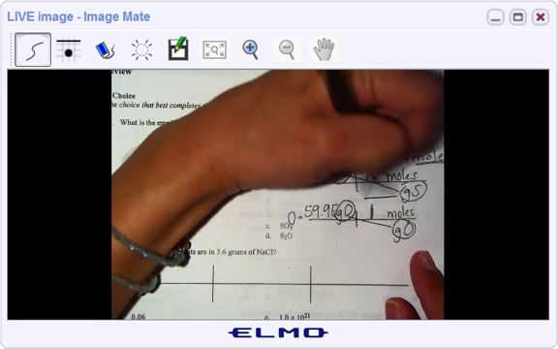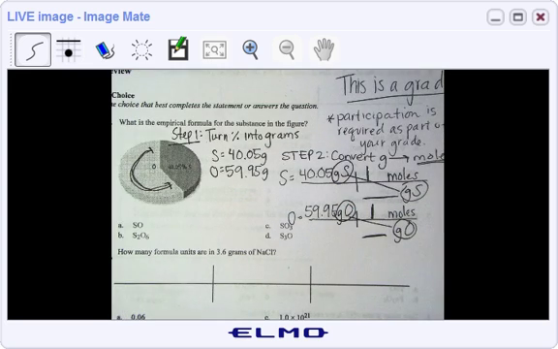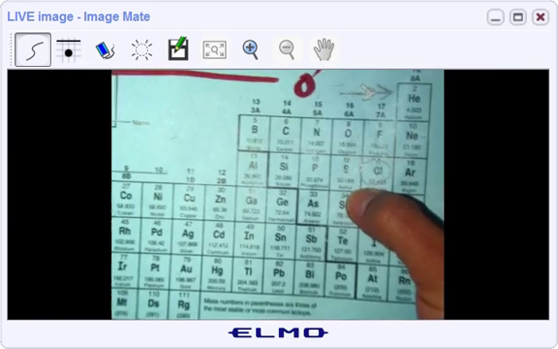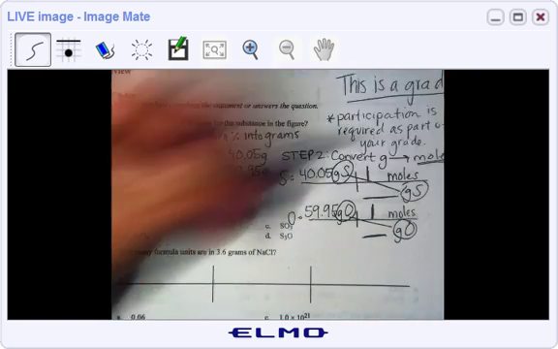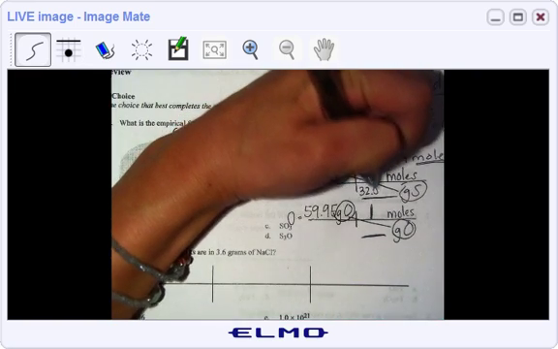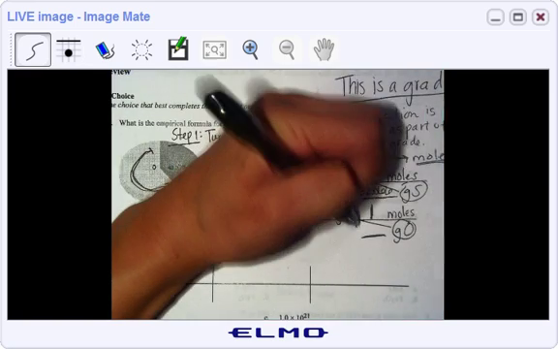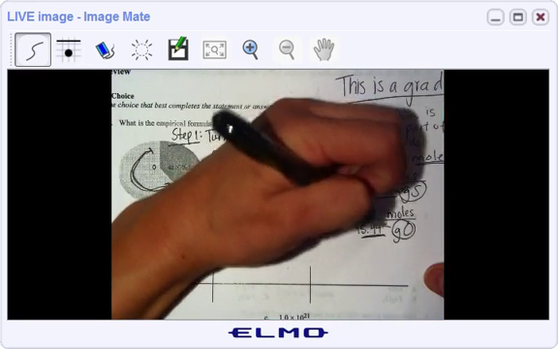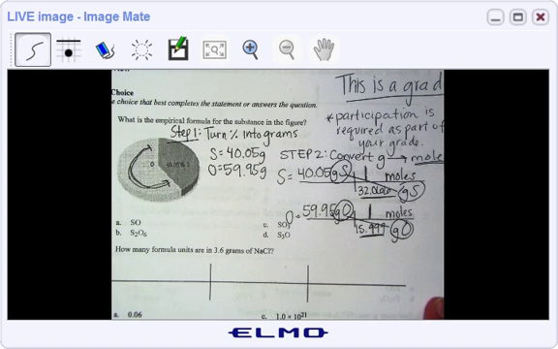Where am I going to get the grams? How do I find out that number? You're going to turn to your periodic table and look up sulfur, which is right there, 32.066. And for oxygen, I would do the same thing, 15.999. So we are still on step 2.